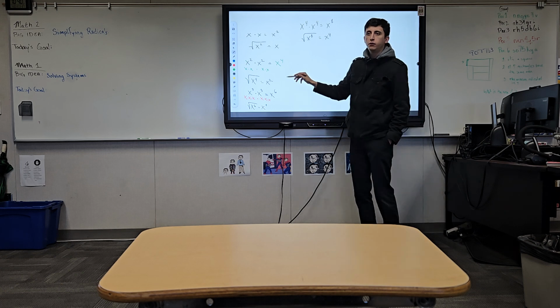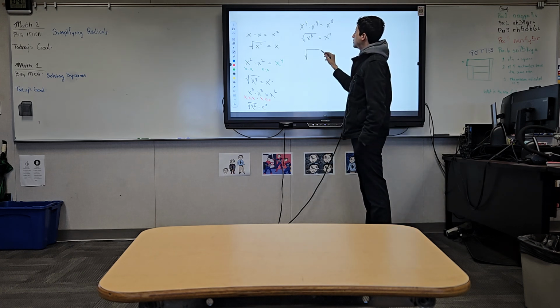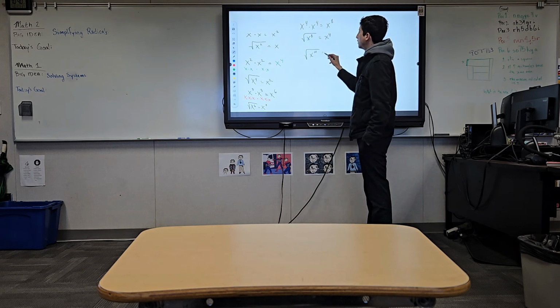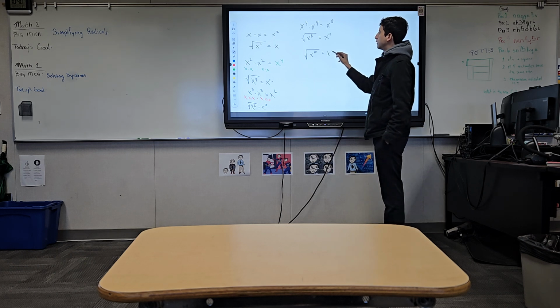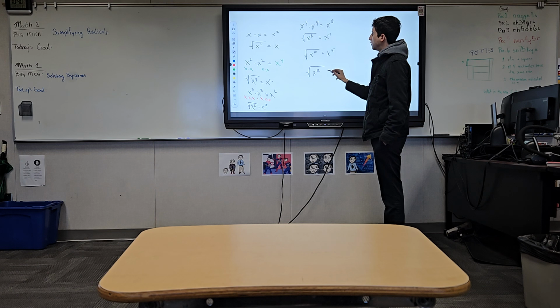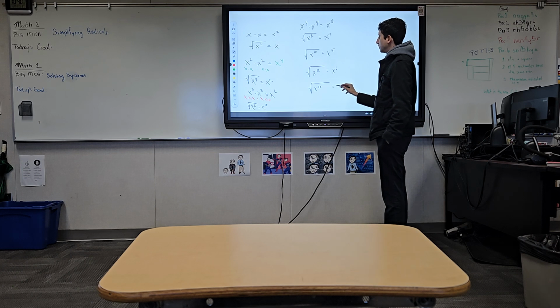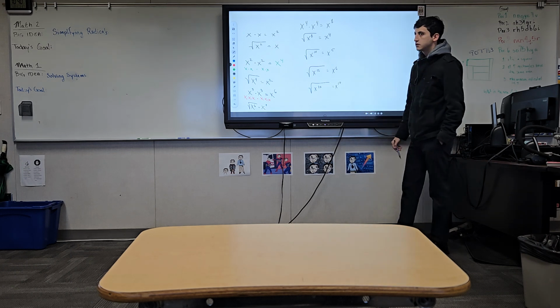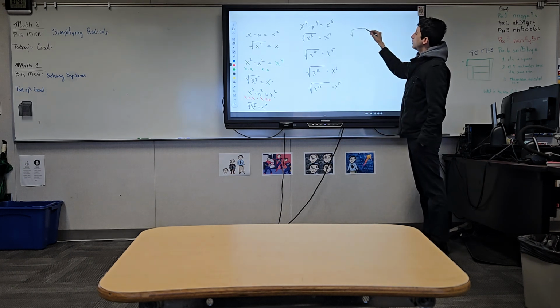Okay, you're seeing the pattern now, hopefully. What's the square root of x to the 10th power? X to the fifth power. What about the square root of x to the 12th power? X to the 6th. Yes. What's the square root of x to the 20th power? X to the 10th. Yes. What about the square root of x to the 50th power?